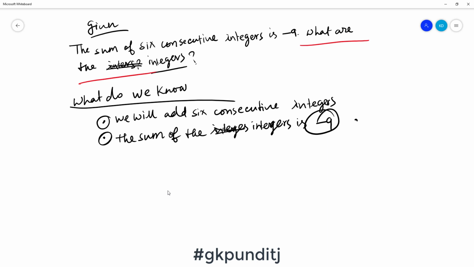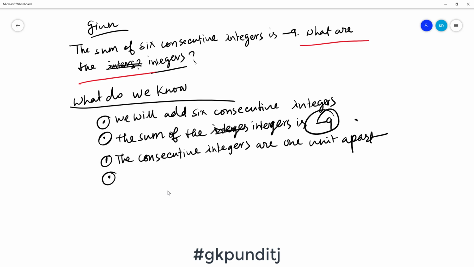So look, this is minus 9, and the consecutive integers are 1 unit apart.